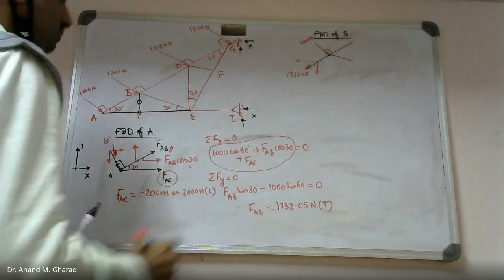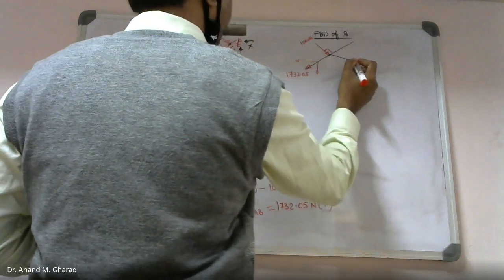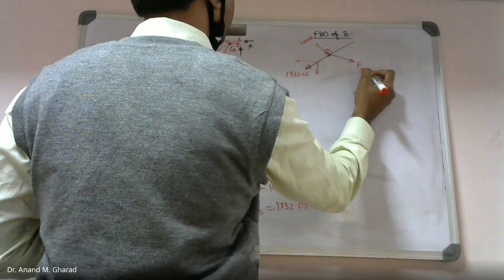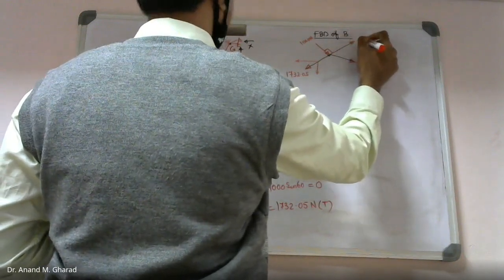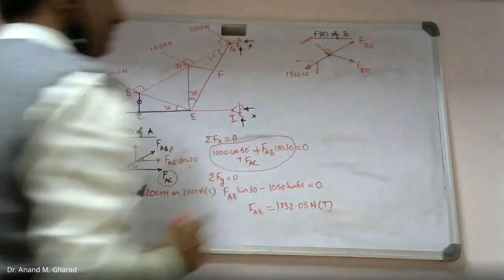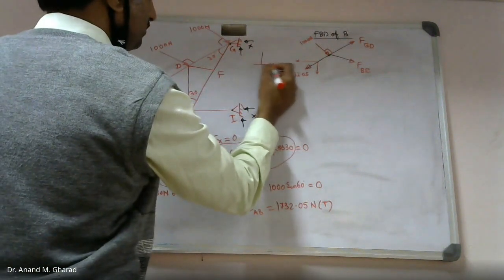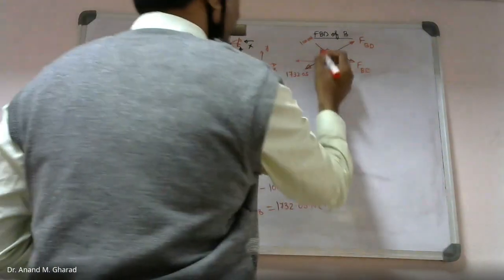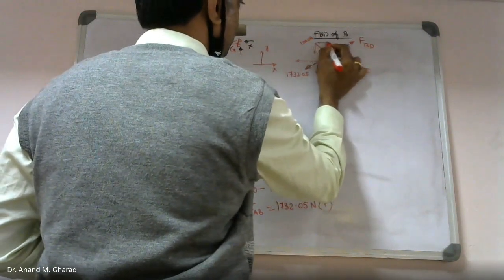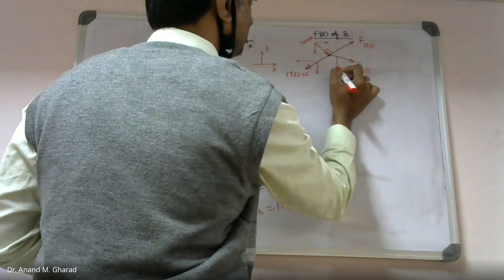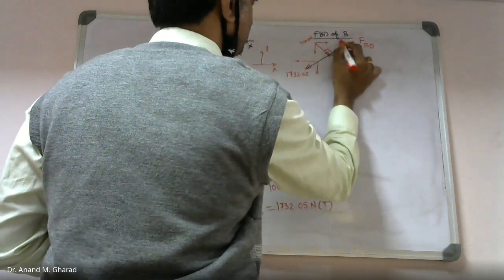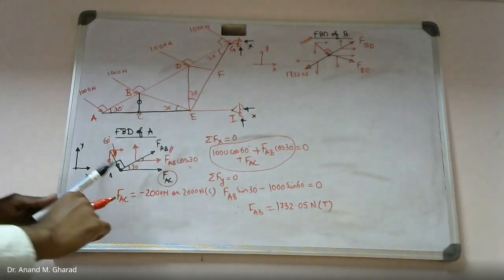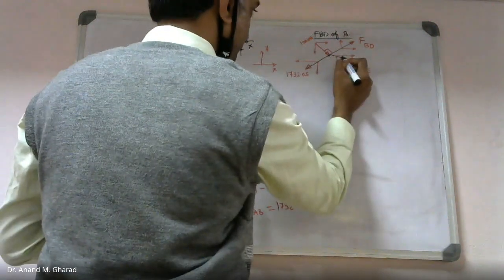Fine. So that's good. Now over here, let me assume force in member BE to be tension, and force in member BD again to be tension, and make use of these axes x and y. With respect to that, you resolve these inclined members or inclined forces into components. Okay? So definitely this angle will be 30 degree.